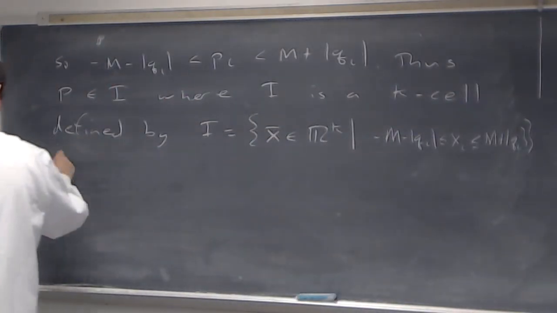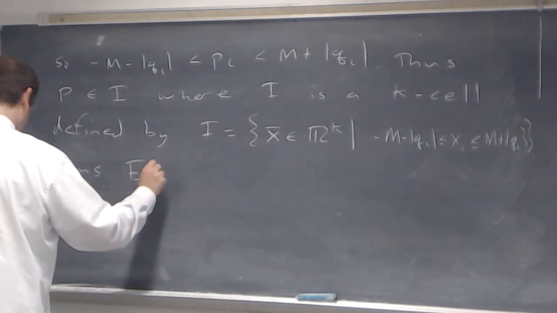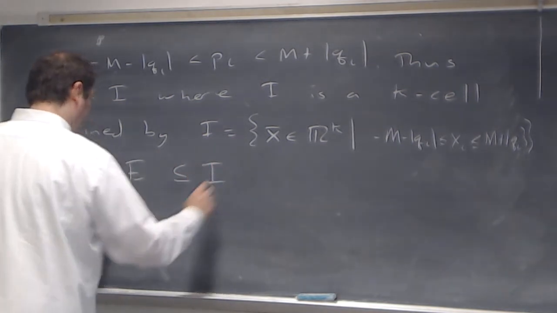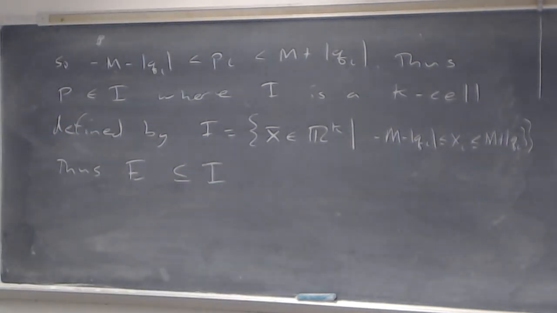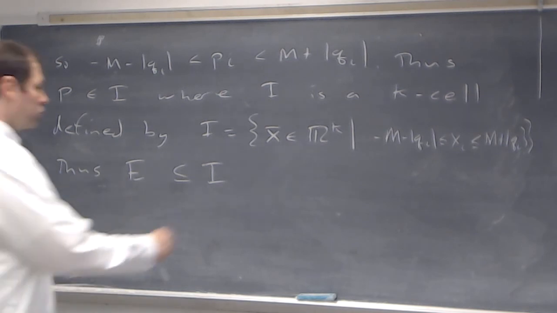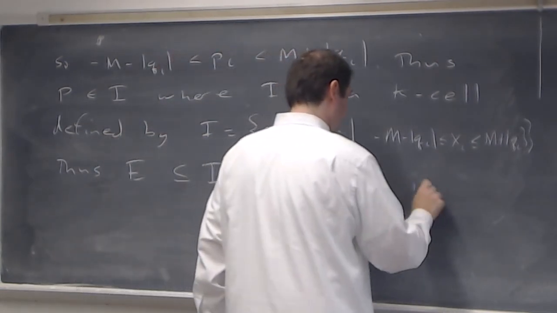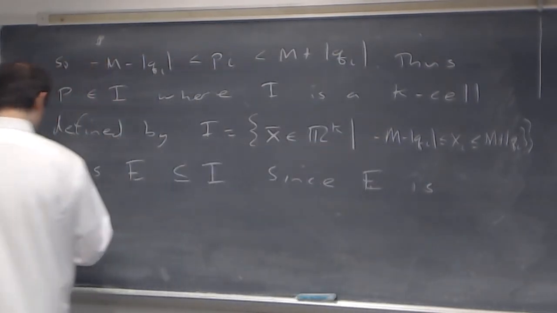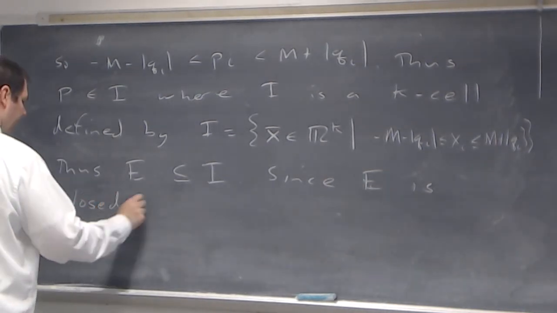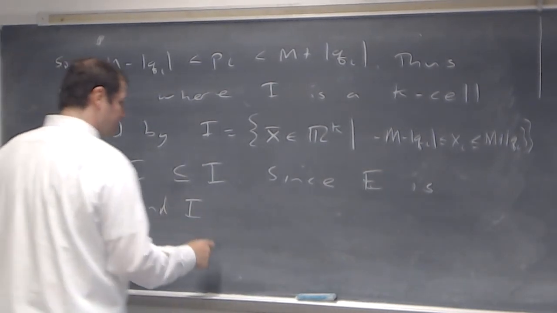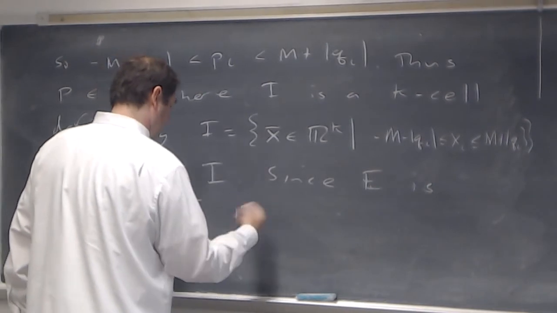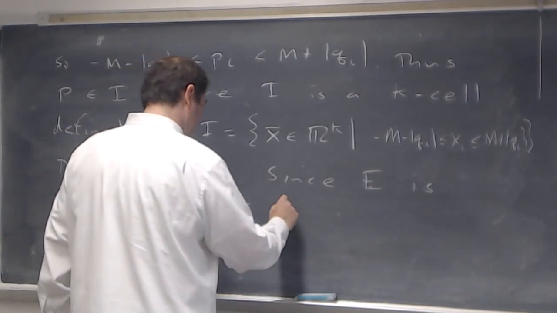Thus, E is a subset of I. Okay, so E is some closed bounded set that's in I. So since E is closed, and I is a k-cell, then I is compact.